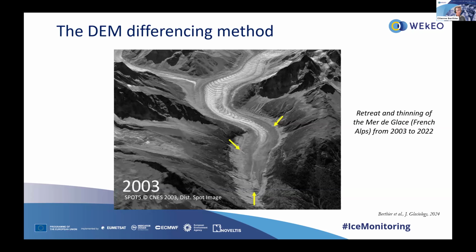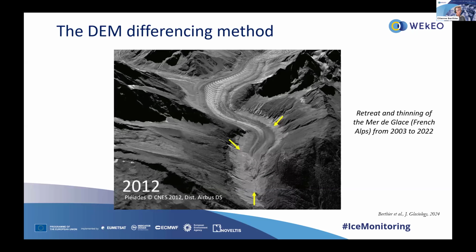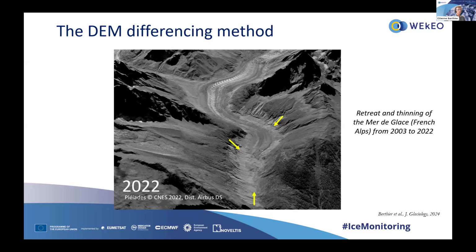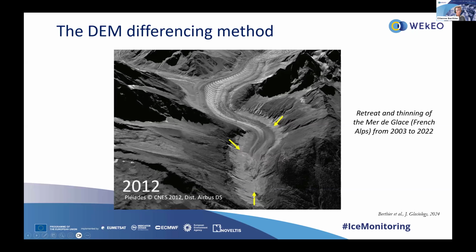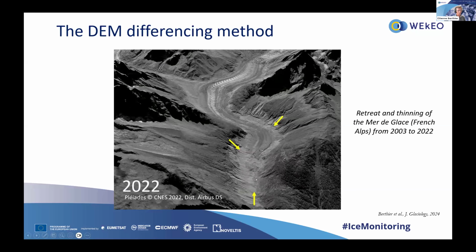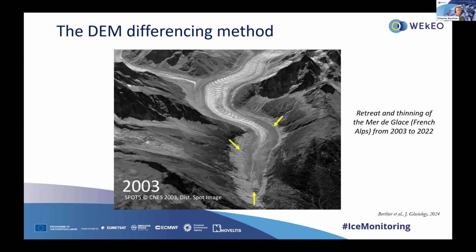I think you can easily see that those topographic data and the associated images can allow measuring both the retreat of the glacier front, with this yellow arrow here, and also the thinning of the tongue of the glacier, which is really obvious during this 20-year time period.